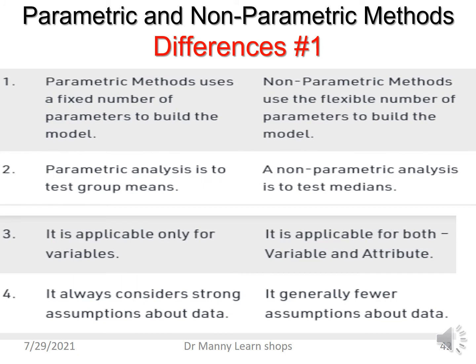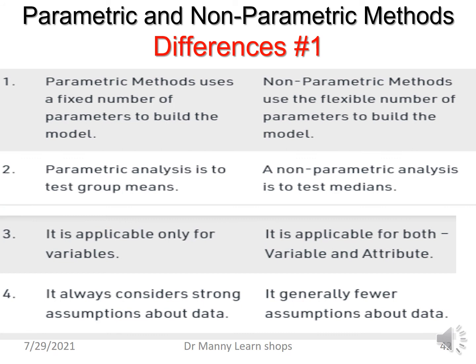If we were to compare parametric and non-parametric methods, these are some of the differences. Parametric methods use a fixed number of parameters. Non-parametric methods are flexible. Parametric analyzes test group means. Non-parametric tests medians. Parametric are applicable only for variables.